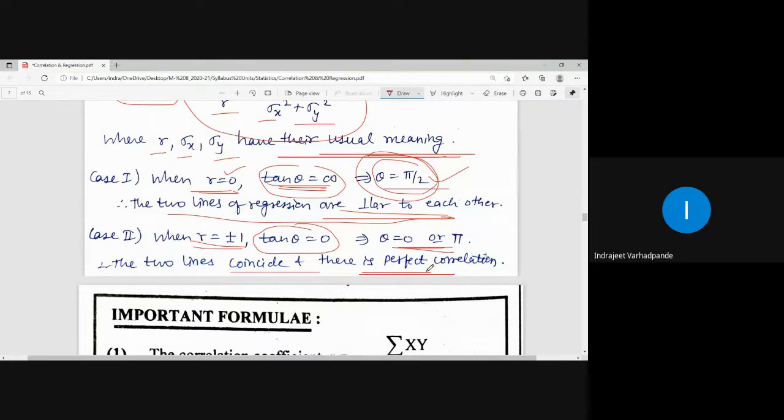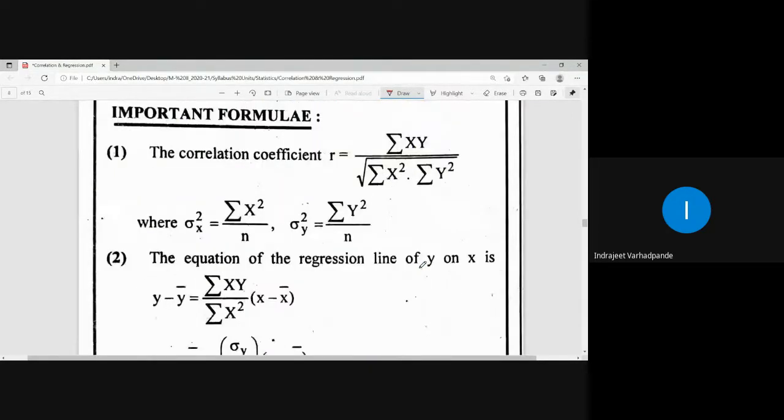Just to summarize, we have the set of important formulae for you. The correlation coefficient r will be summation xy upon under root of summation x square into summation y square, both combined taken under the root sign, where sigma x square is summation x square upon n, and sigma y square, which is variance, is summation y square upon n.